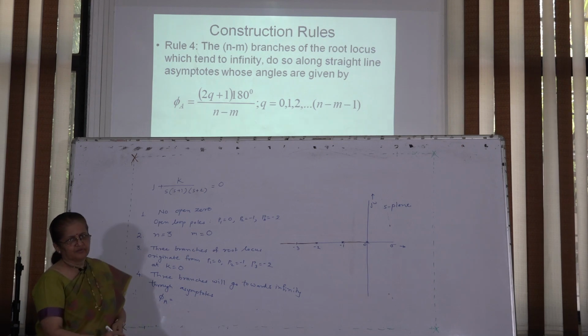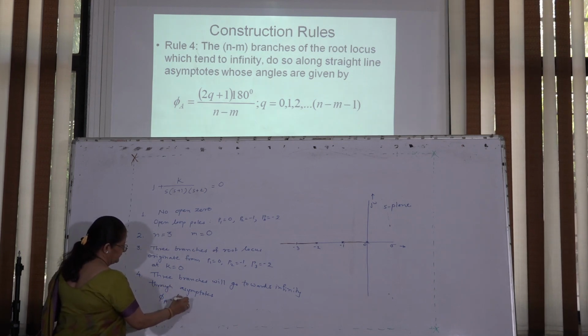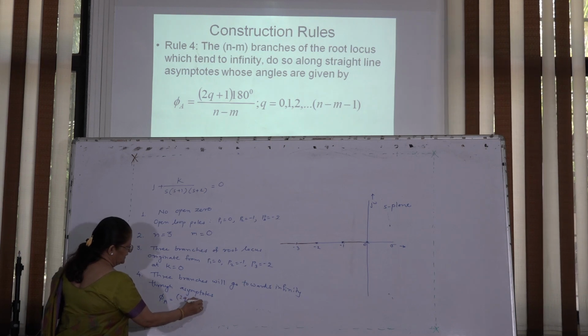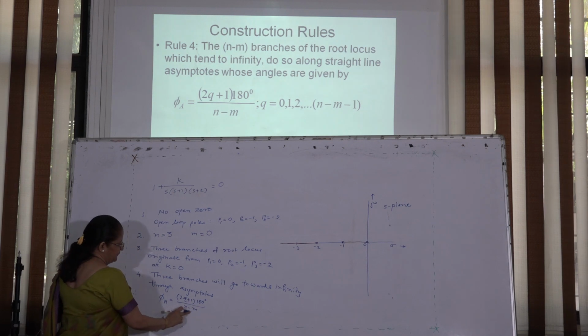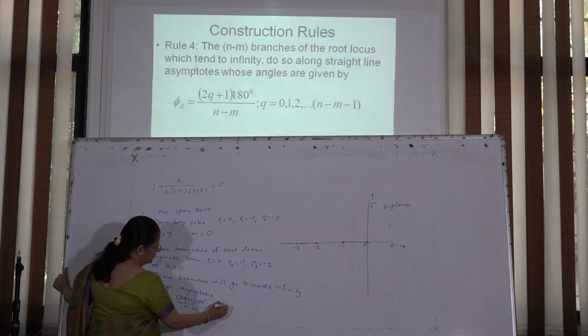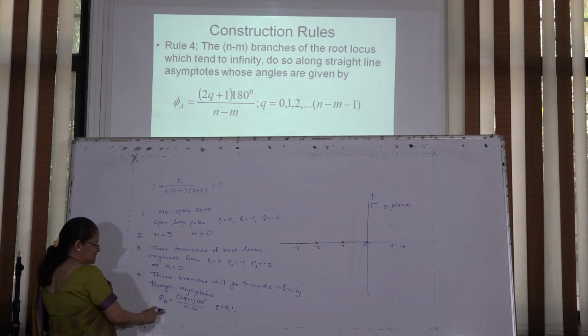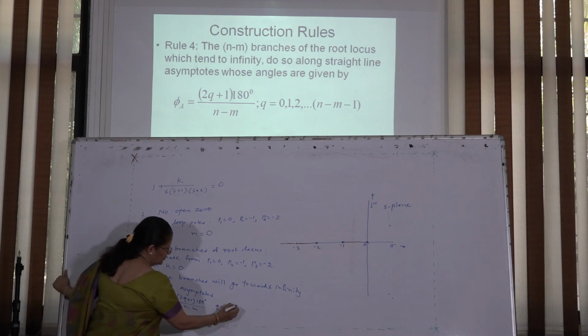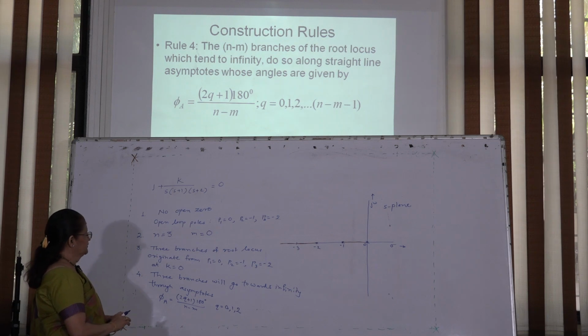So, what is the formula for phi a? (2q plus 1) into 180 degrees upon n minus m, where q is 0, 1, up to n minus m minus 1. n minus m is 3, 3 minus 1, that is 2. So, we will get q is 0, 1, 2.